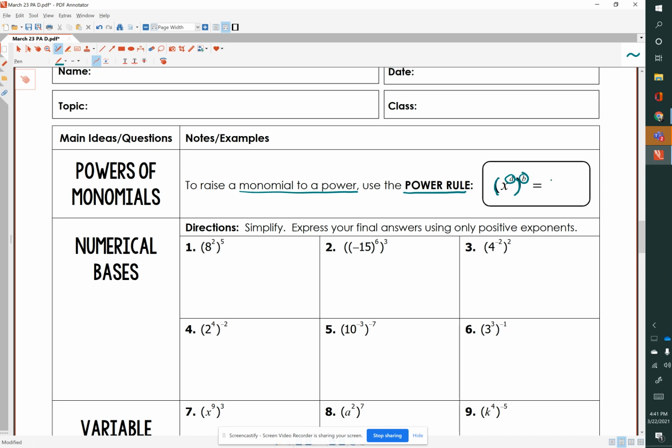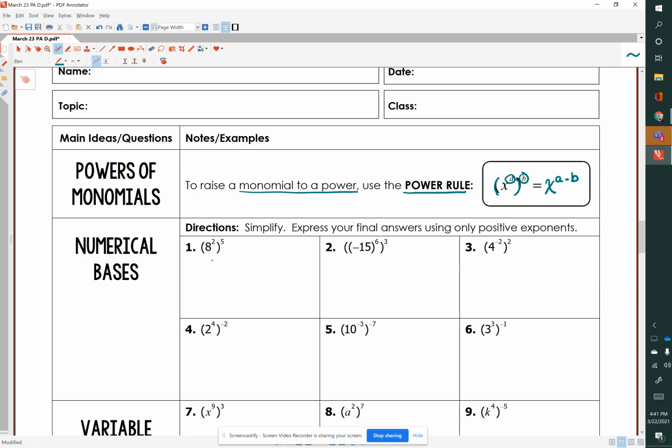When you do that, you multiply those exponents. So x to the a, all raised to the b power, is going to be x to the a times b power. Let's see how that works.